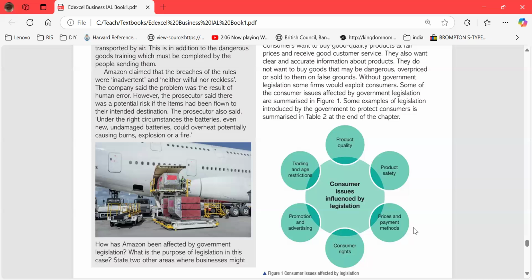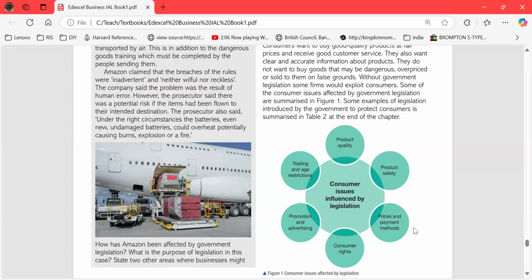Then we have trading and age restrictions. In some countries, there are restrictions like you cannot sell tobacco or alcohol to minor citizens, below 16 or below 18. So this kind of legislation is also important, and also the product quality.